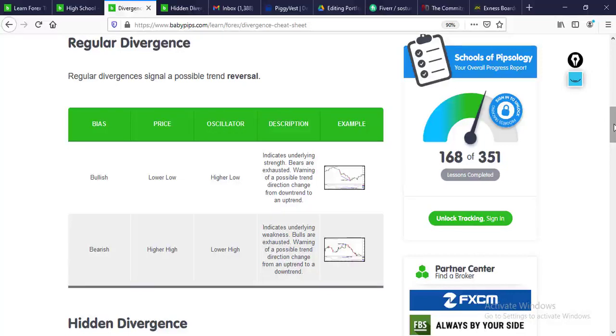Now, if it is a regular bearish divergence, the price of the market will be making higher highs. However, the oscillator will be making lower highs, and that tells us that the strength of the bulls is weakening. The momentum of the market is about to shift from an uptrend to a downtrend.